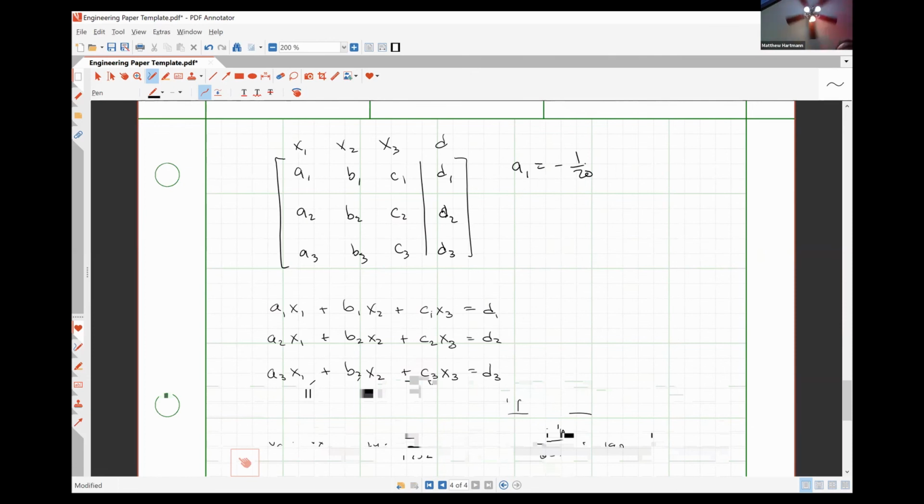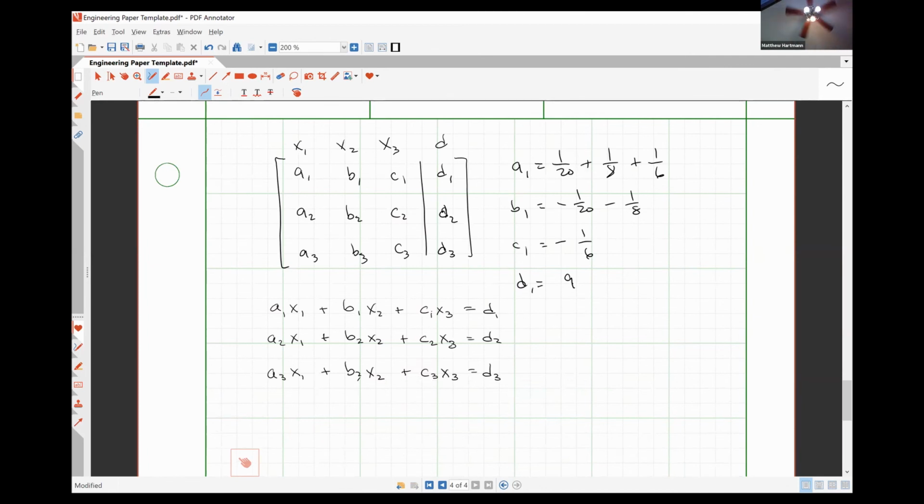B1 is -1/20 minus 1/8. C1 is -1/6, and D1 is 9. And this is all of the information from equation 1.